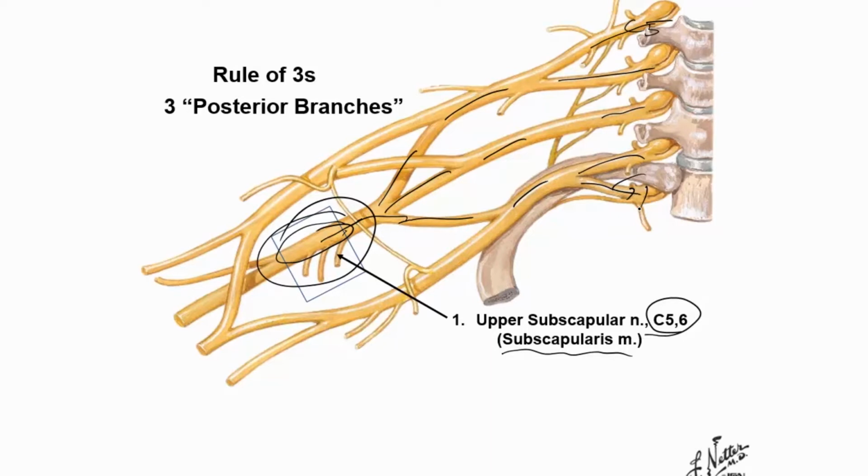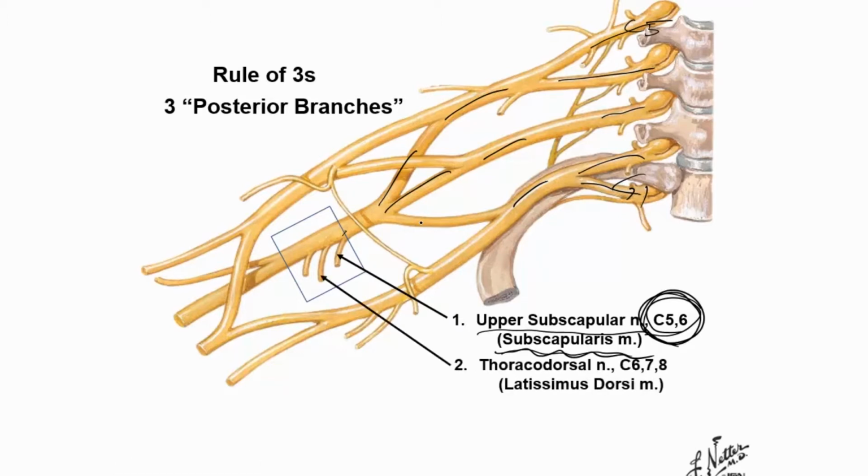And so the subscapularis, again being a rotator cuff muscle, is a muscle of the shoulder, and all muscles of the shoulder are supplied by C5 and C6. So the nerves coming off of the brachial plexus, even coming off the posterior chord, will contain those spinal segments. So upper subscapular, 5 and 6.